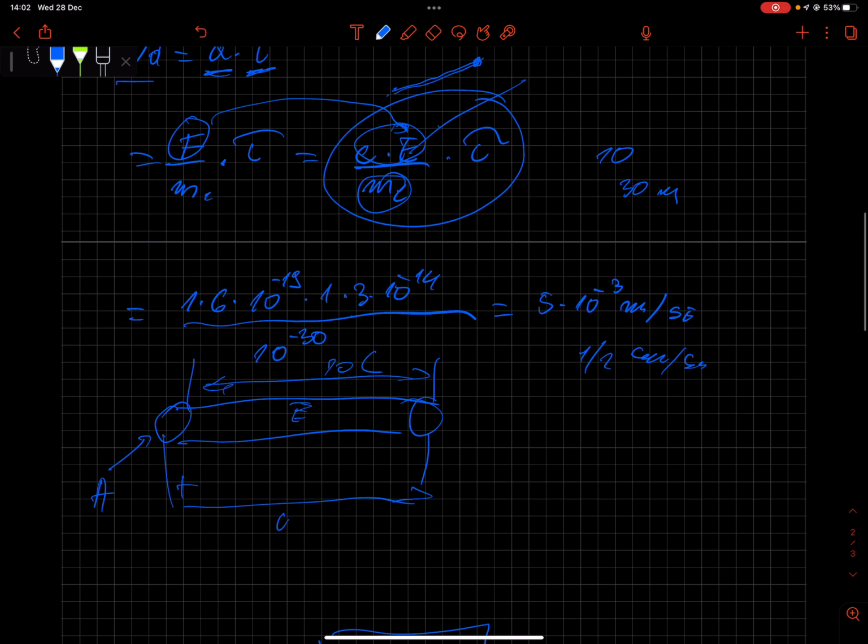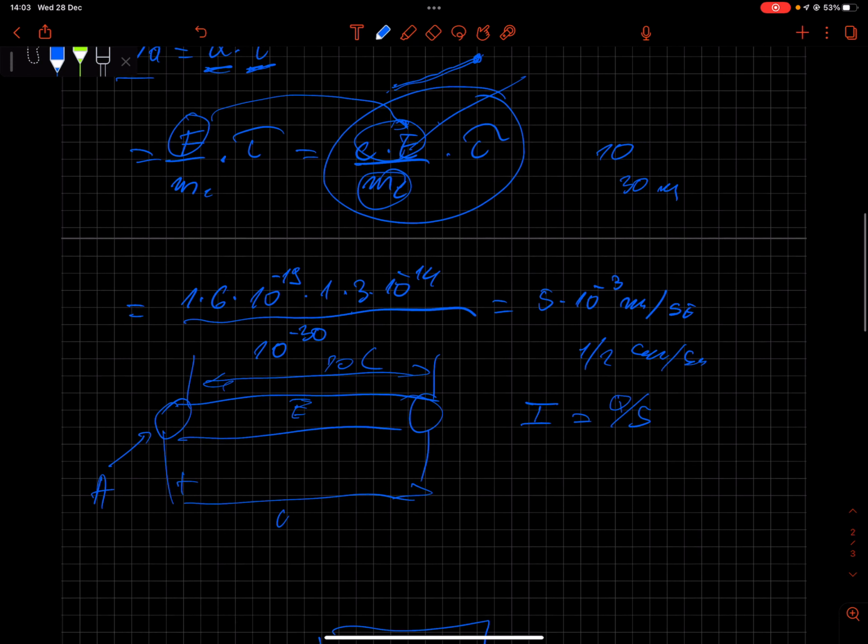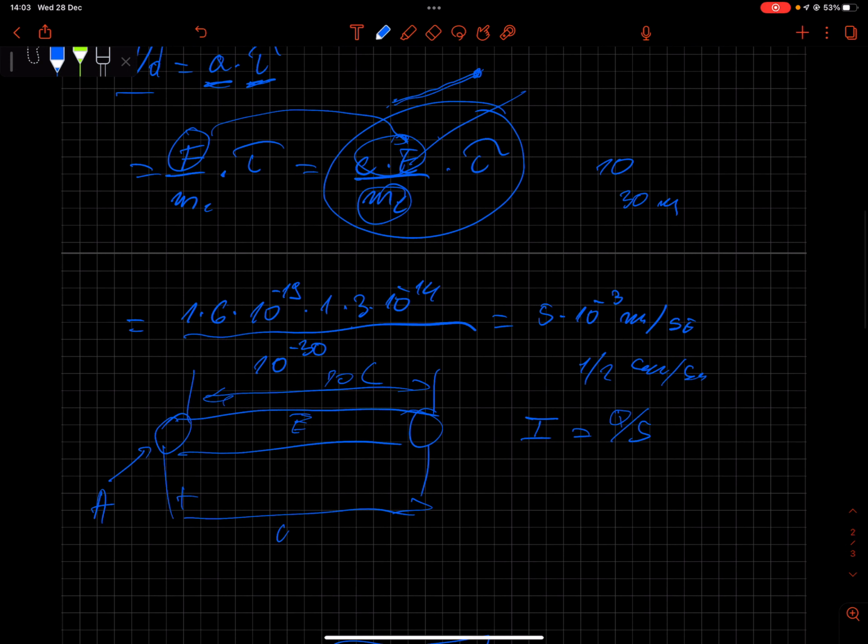Now let's calculate the current which will flow through this conductor. We know that current, by definition, is the number of coulombs per second. So let's calculate the number of coulombs that will pass through this cross section A.